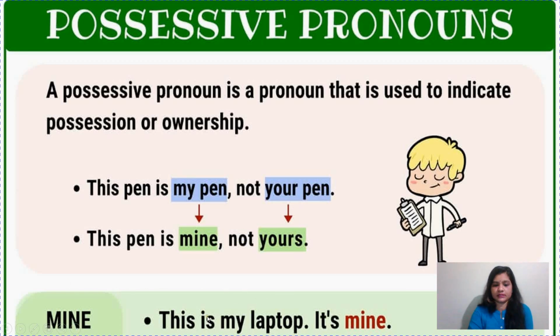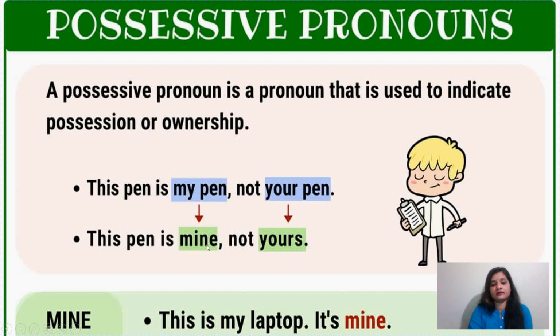Suppose one more example is there. This is my laptop. It's mine. Children, laptop is a noun, so "my" will be a possessive adjective, but "it's mine," this "mine" will be a possessive pronoun. Children, you will get confused between possessive pronoun and possessive adjective. Just keep in your mind that any word which is modifying a noun and showing belongingness will become a possessive adjective.